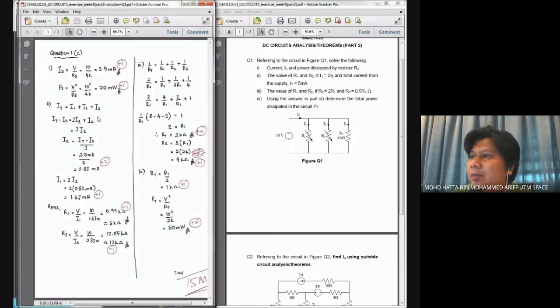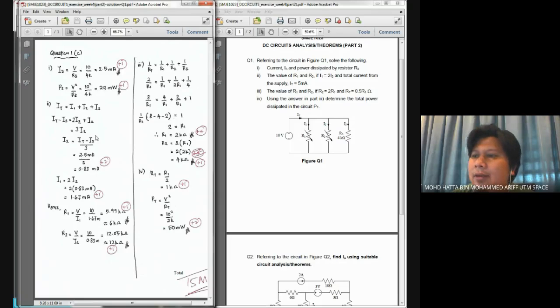Given that I1 equals 2I2, I put it into Kirchhoff's current law, where I total equals I1 plus I2 plus I3, and I substitute here. Maybe I substitute I1 equals 2I2, and later on you can also substitute I2 equals I1 divided by 2, to get the value of your current.